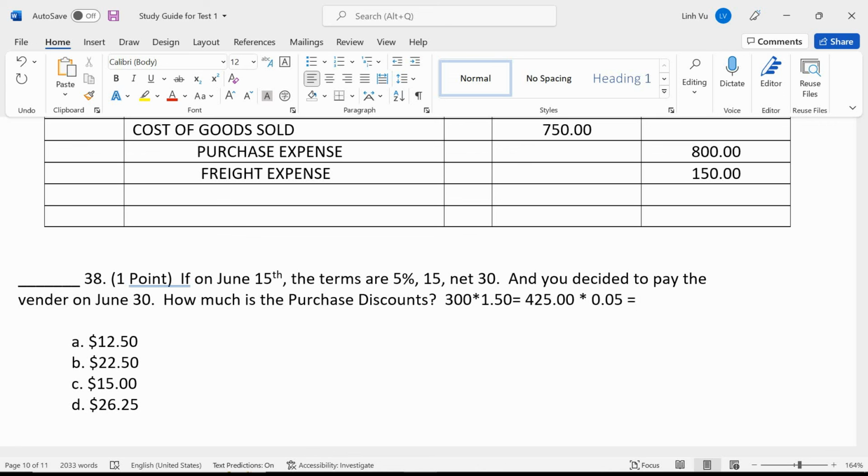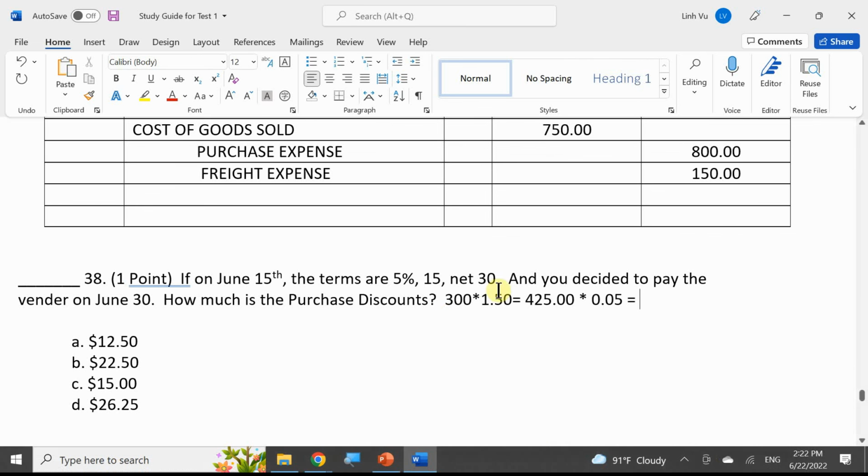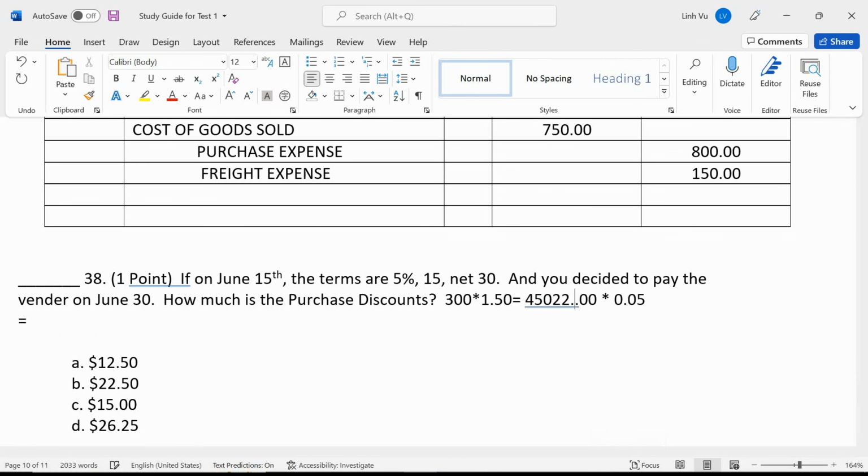What did you say? It was $22.50? It's $450 for the total. You have 425. That's a typo. So 450 times 5%. And you said how much you got? You got $22.50? Yes.